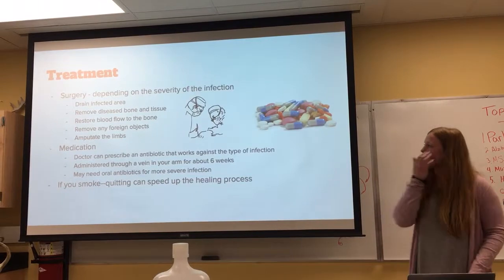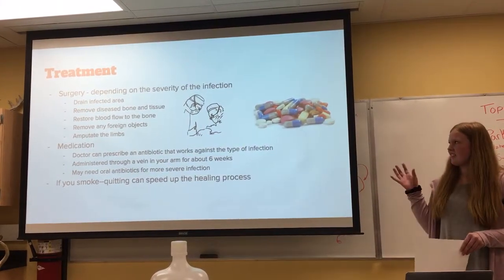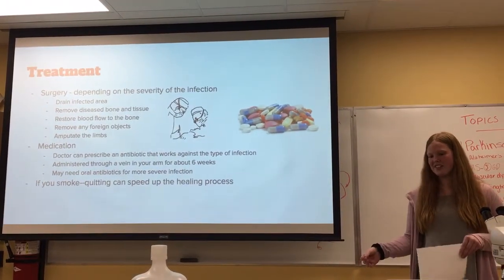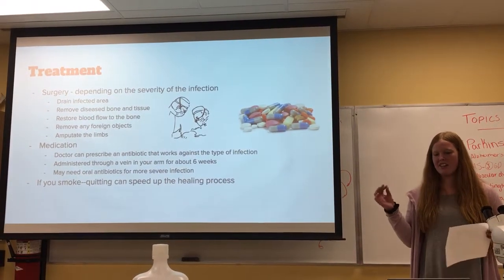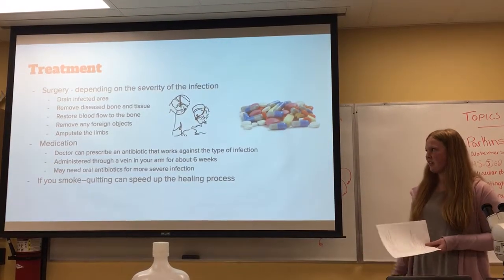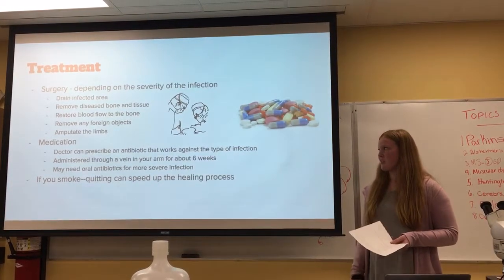And then in order to restore blood flow, they take the healthy bone or tissue that they took out, combine it, and put it in there to regain the blood flow. And then they remove the foreign objects that happened during the procedure.